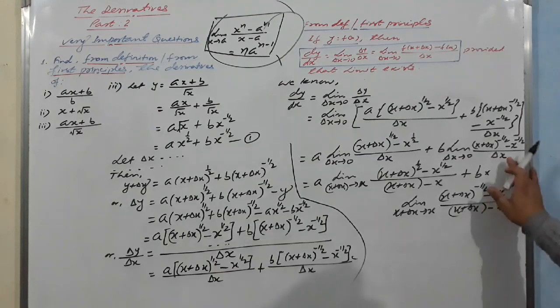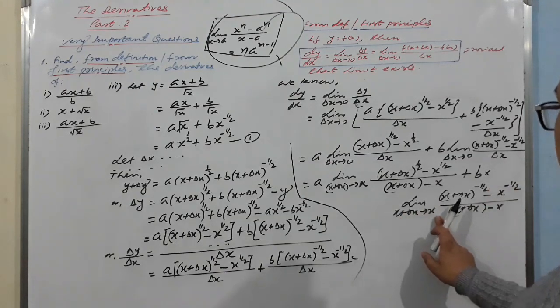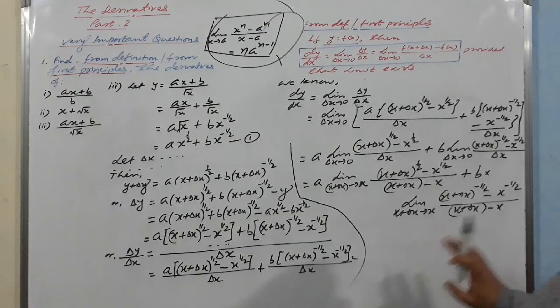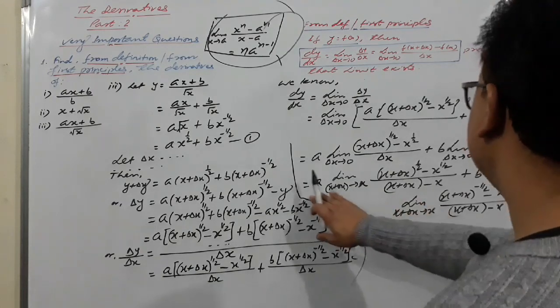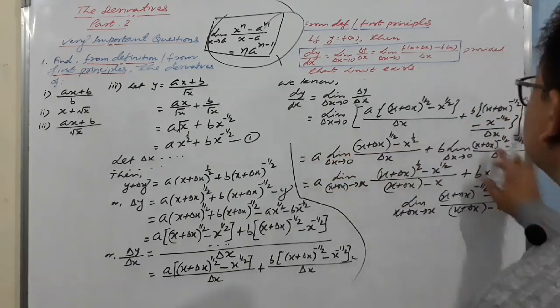The x cancels, leaving delta x, so delta x tends to 0. There is no problem. This whole line is also equal to this line, right?